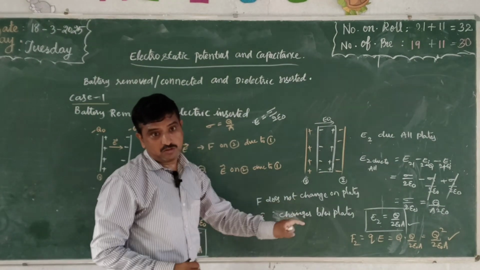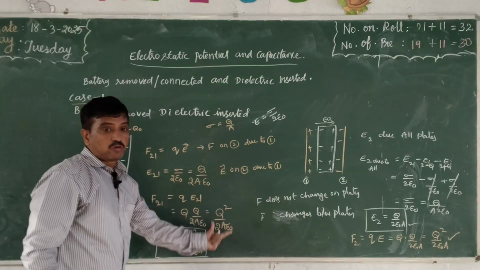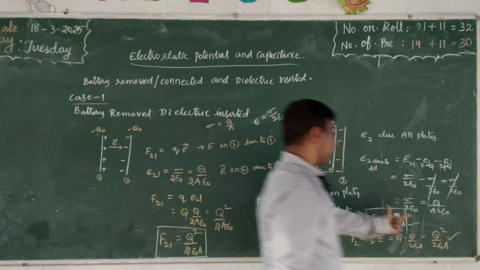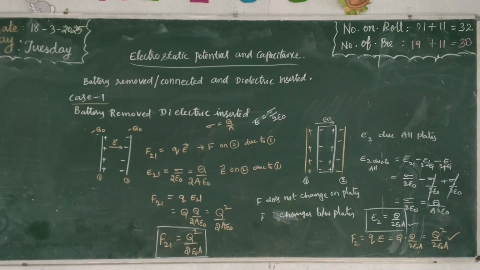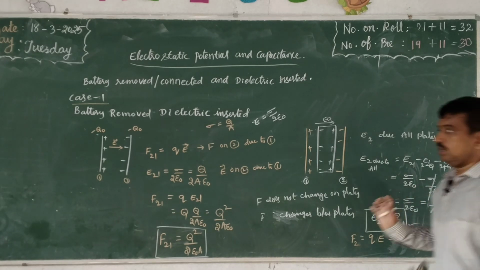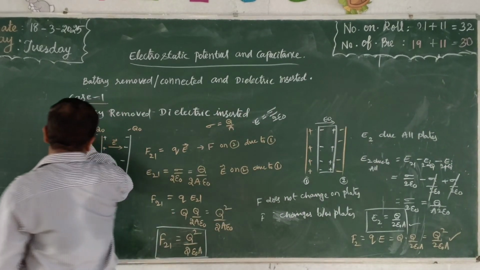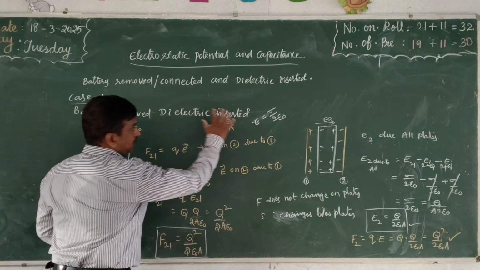What is the force on the plates now? Q square by 2 epsilon naught A. After inserting also it is Q square by 2 epsilon naught A. So the force does not change on the plates; it changes between the plates, transferring from one plate to the other. That is the case of battery removed and dielectric inserted.